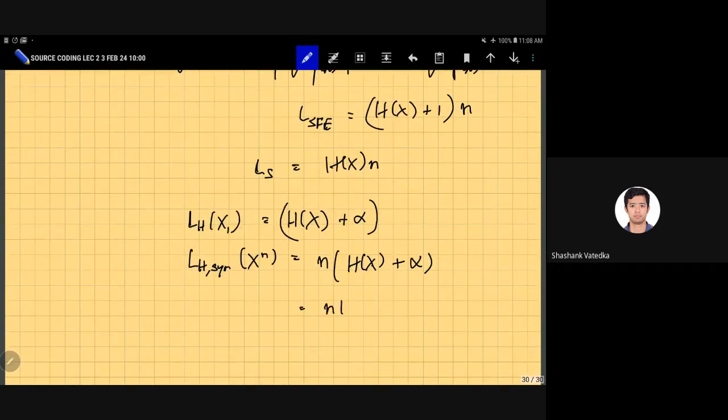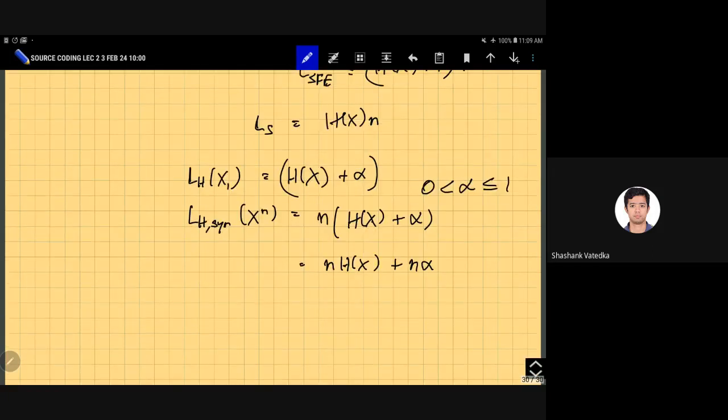So this is n H of X plus n alpha, for some alpha which could be small, doesn't matter. Alpha is strictly greater than 0, but it could be less than or equal to 1.